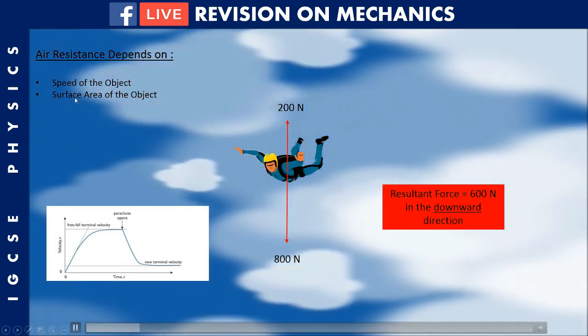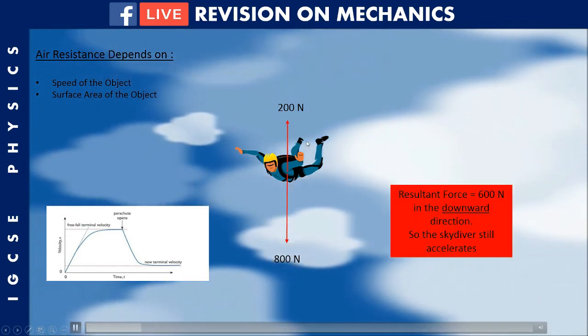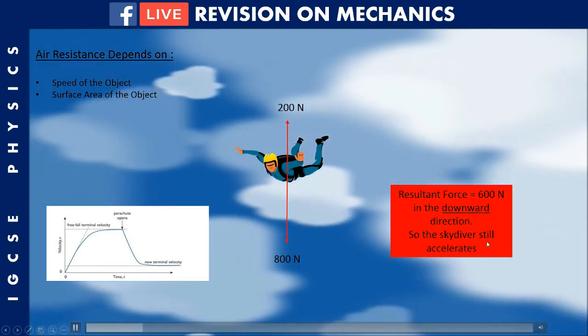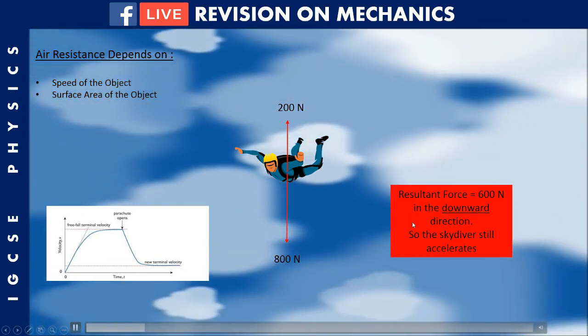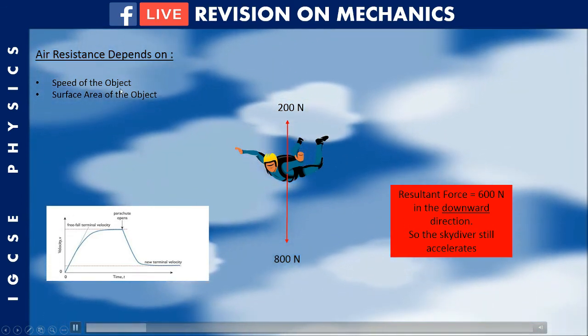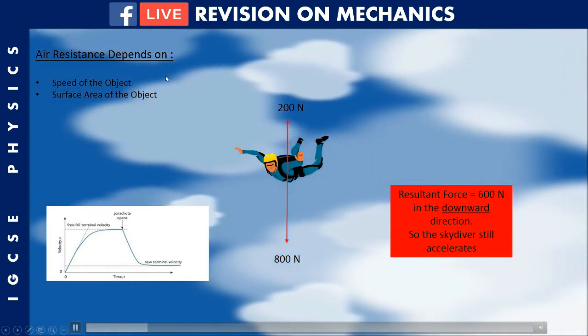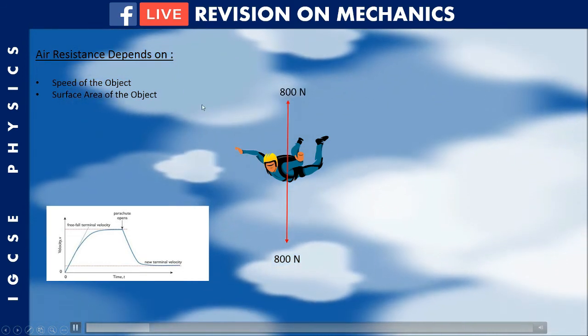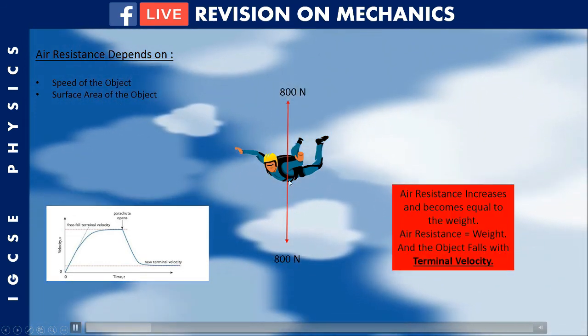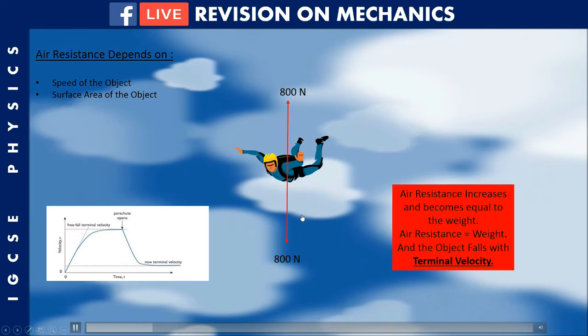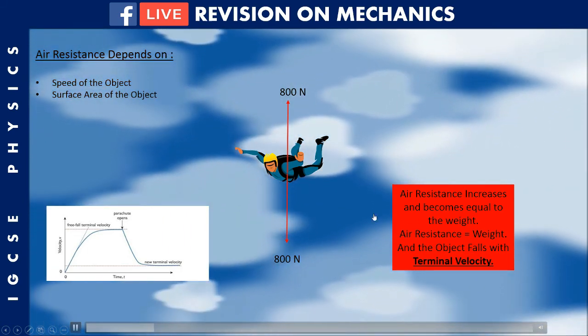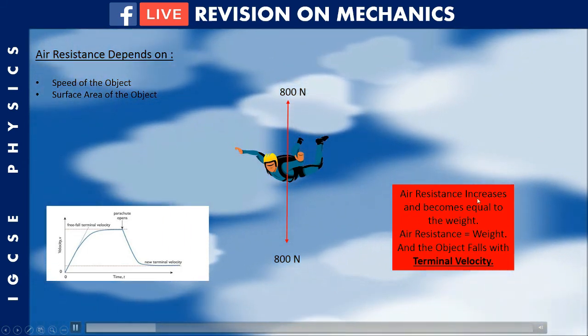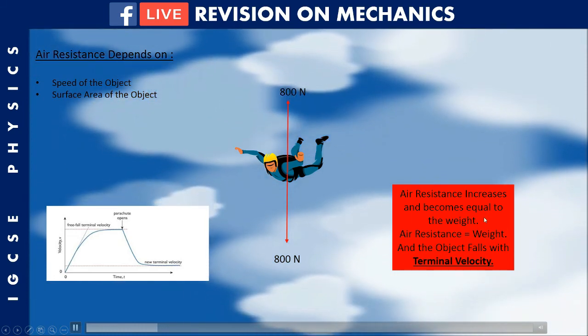Since speed increases, the air resistance will also increase, right? So the skydiver speeds up, and when the speed increases, the air resistance also increases. At a certain point, air resistance has increased and become equal to the weight.